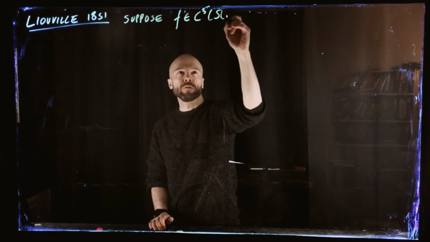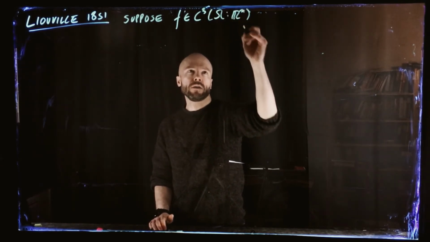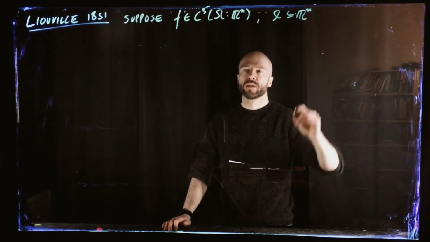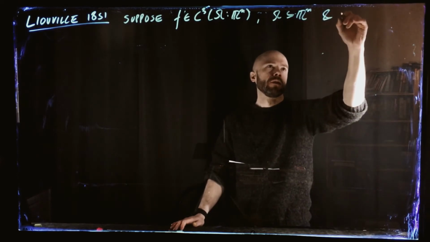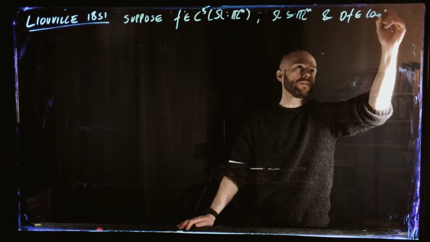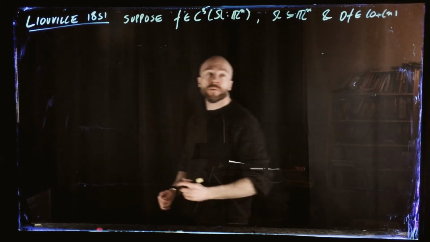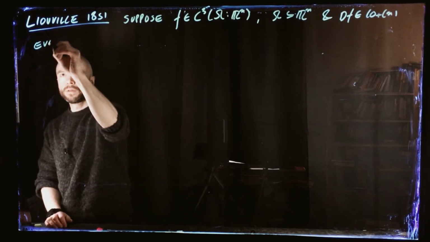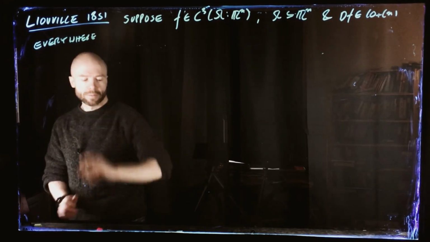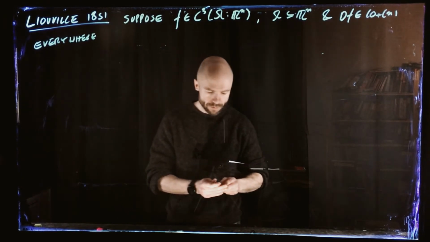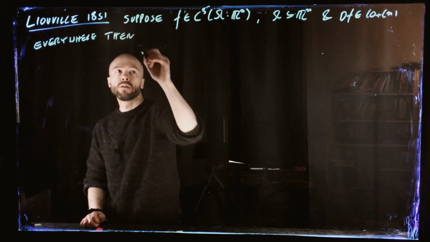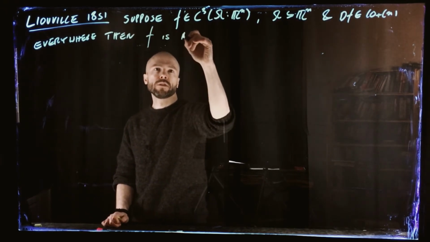So C3 from omega into Rn, where omega is a subset of Rn, and the gradient belongs to conformal matrices, so it's defined pointwise, so it belongs to this everywhere. Then F is Mobius in the following sense.